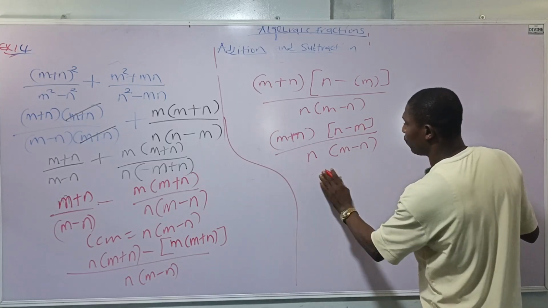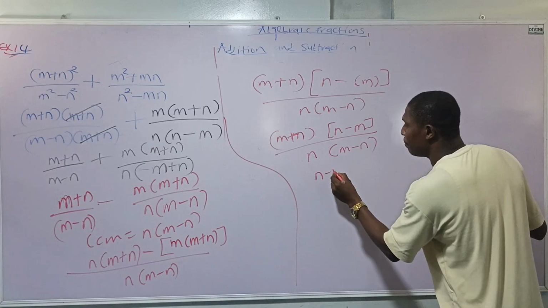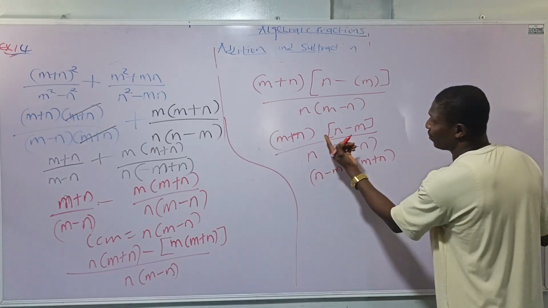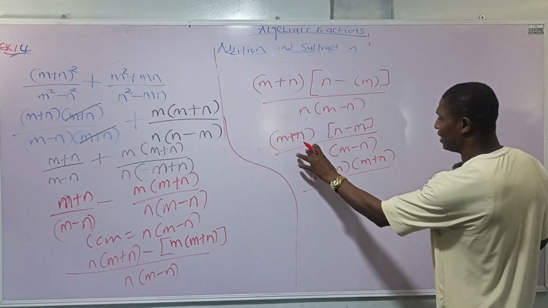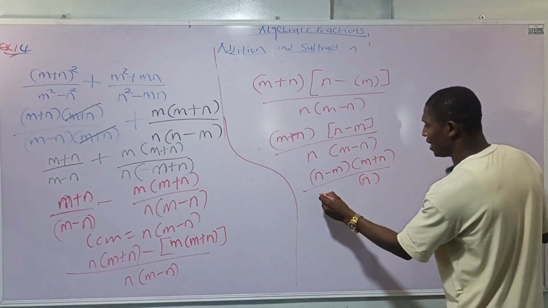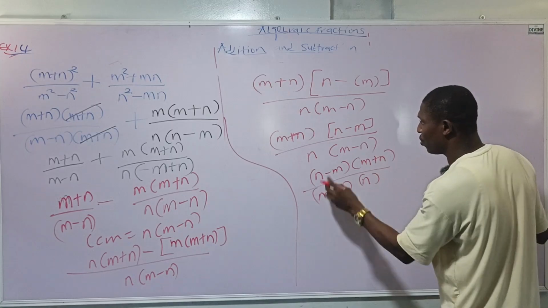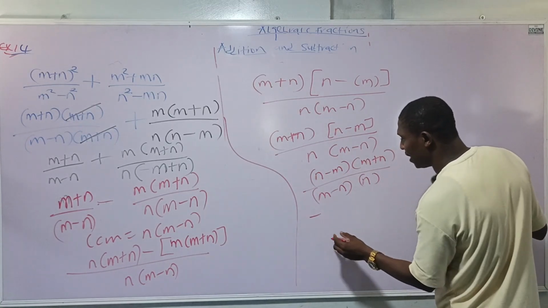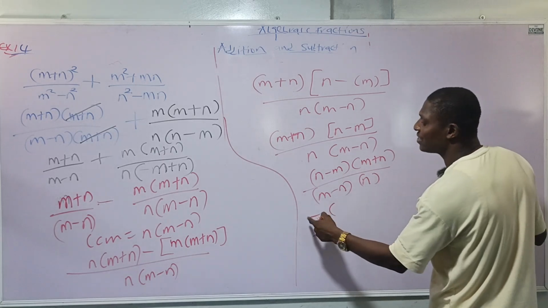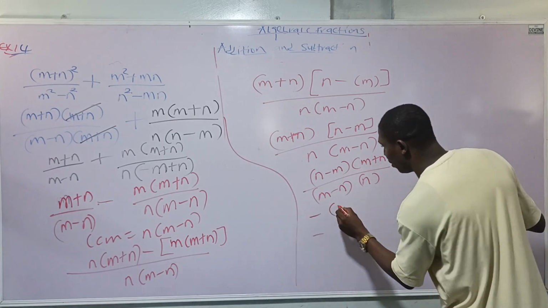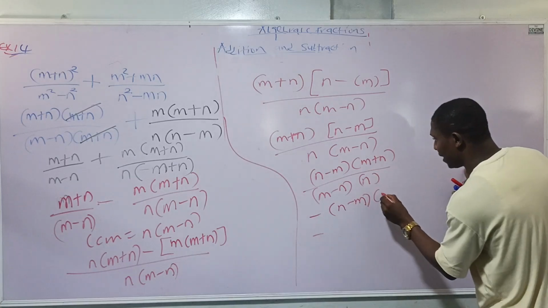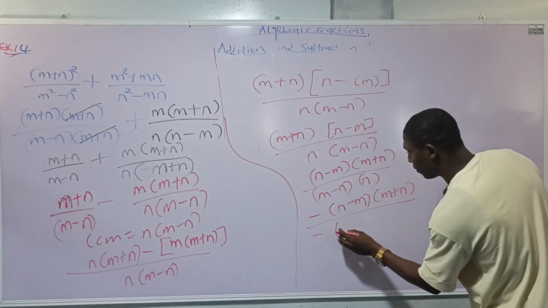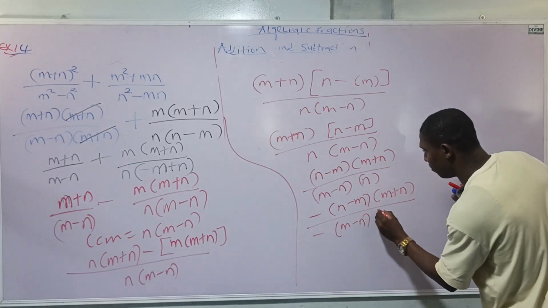Let me put this one at the front so that it won't confuse you. (n minus m)(m plus n), which is like a difference of two squares here, all over this I want to put at the back. Bracket m minus n, because my focus is this and this, which have come to the front. Now, if I put negative here, I'll put negative here. Remember, it's the same as putting negative at the top. (n minus m)(m plus n) all over (m minus n).